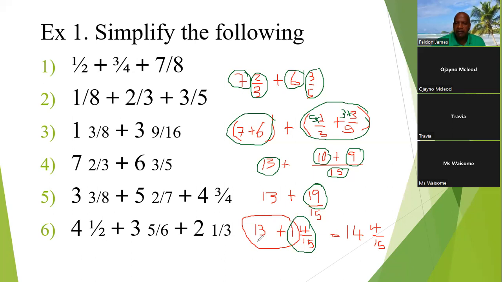And we already have the whole number 13 that we got from adding the 7 and the 6 and carrying it down. So now that we converted 19 over 15 to 1 and 4/15, we are going to take the whole number part, which is the 1, and add it to the whole number 13. If you add these you get 14, and what remains as the fractional part would be 4/15.